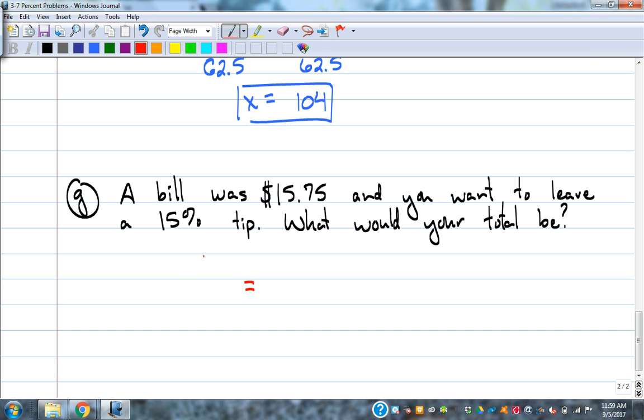So flip that other side. We need x over 1575 equals 15 over 100, if we want to find 15% and then add, which is, I guess, the typical way of doing that. And cross multiply, just like we've been doing. So that's 100x equals 15 times 1575.